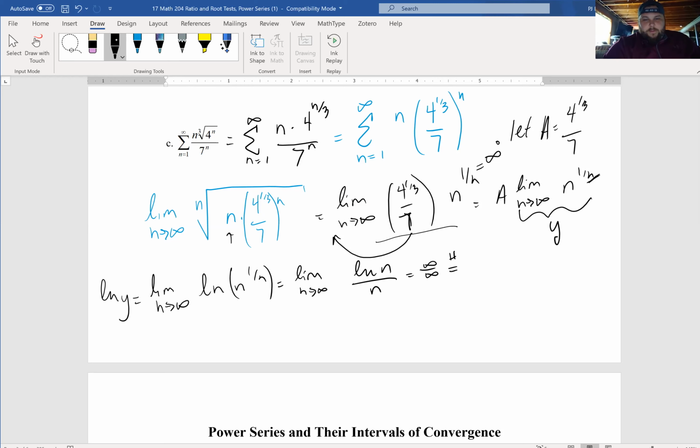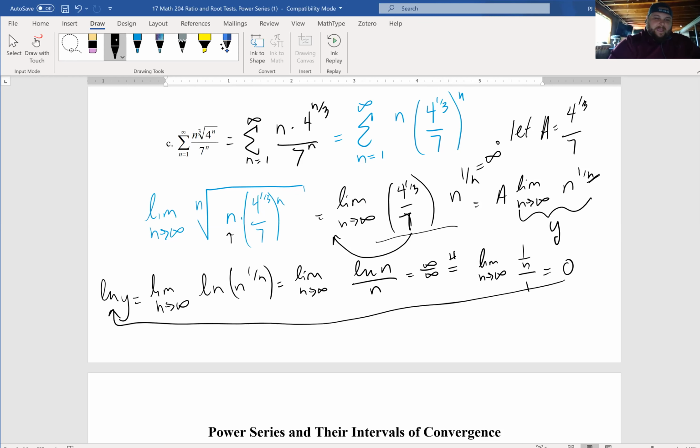So this is going to be 1 over n all over 1, right? However, the limit of 1 over n as n approaches infinity is 0, because you have 1 divided by really big numbers. But again, this is equal to that.